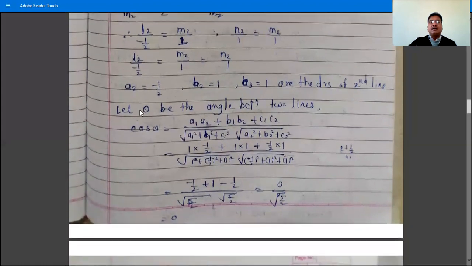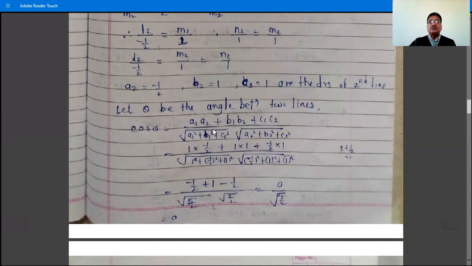Now let theta be the angle between the given two lines. Then cos theta is equal to A1A2 plus B1B2 plus C1C2 divided by root of A1 square plus B1 square plus C1 square, times root of A2 square plus B2 square plus C2 square. This is the formula to find the angle between two lines in terms of direction ratios.